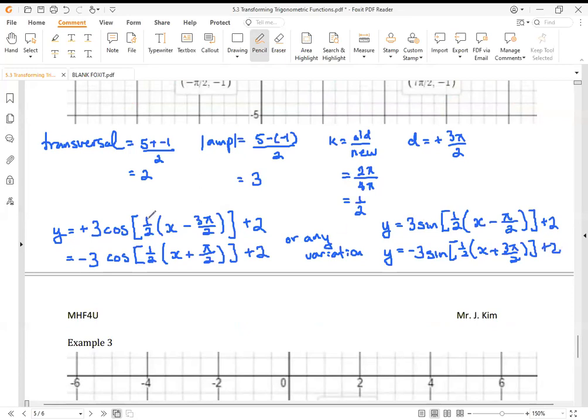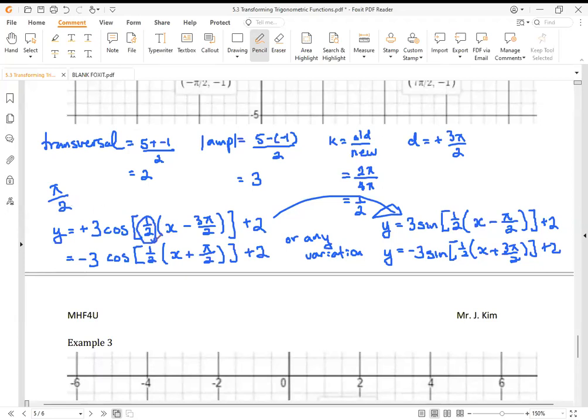Okay, the question was, is it okay if you go from cosine to a sine by shifting it a quarter of a period? And that's something that you made a connection to last year. And the answer is absolutely. But please be careful. A quarter of a period is not always 90 degrees.